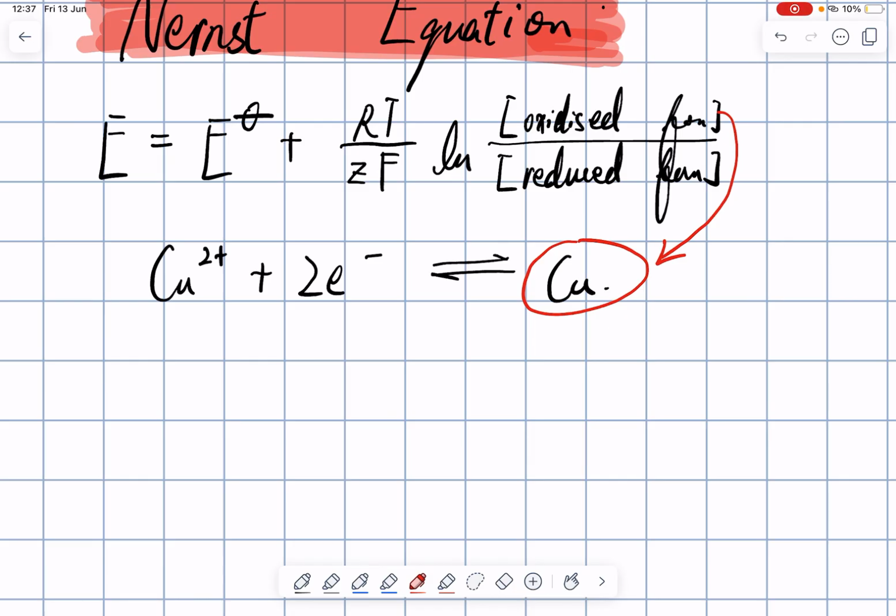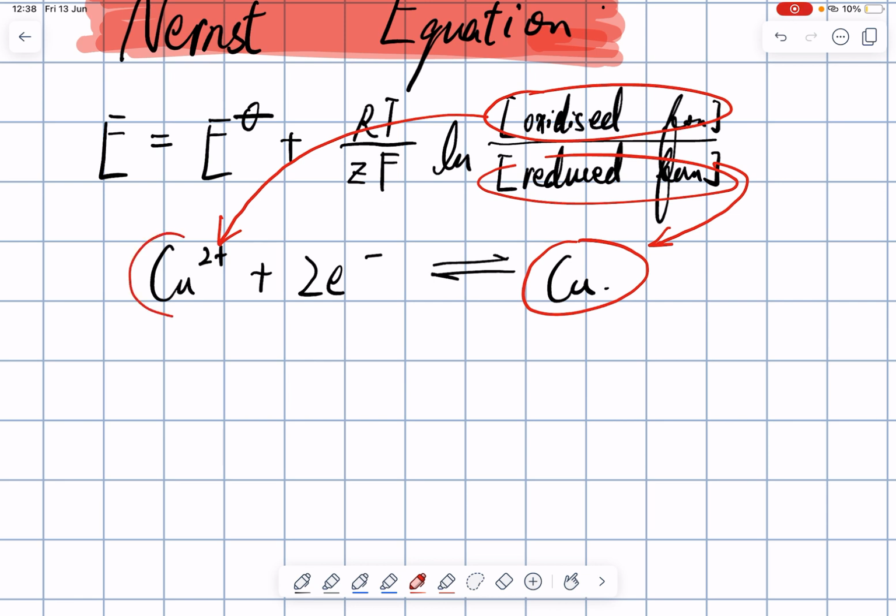No. Here, look. Copper is reduced, because it is produced. It's reduced from copper 2 plus, and copper 2 plus is oxidized from copper. So the oxidized form is copper 2 plus and the reduced form is copper.